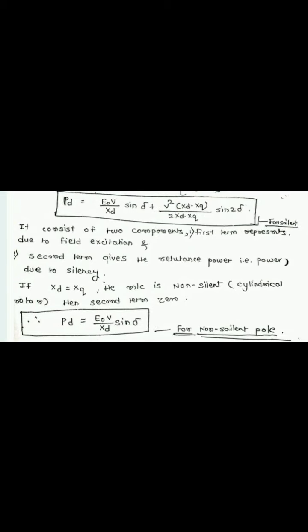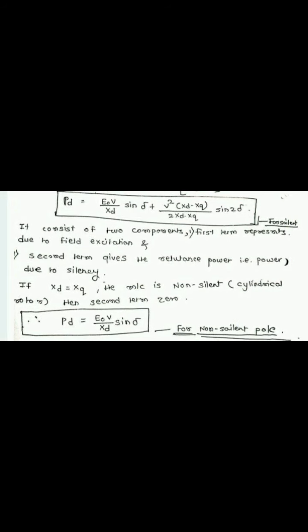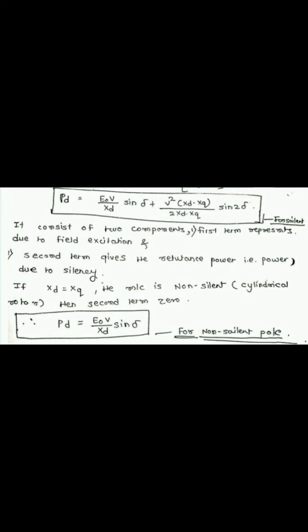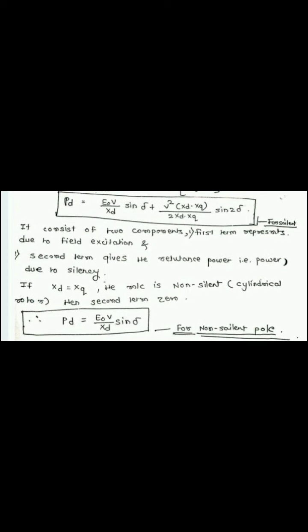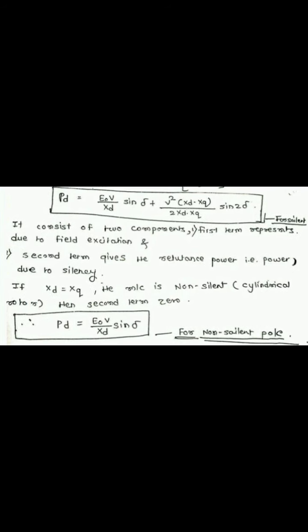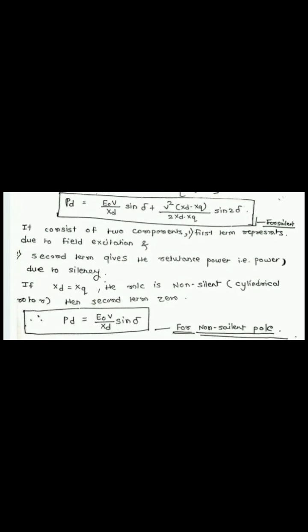So let's start to derive the equation for power developed for a non-salient type of construction. As we know, this is the expression of power developed for the salient construction. From this equation we'll get the value of power developed for the non-salient type of pole construction. This equation consists of two components.